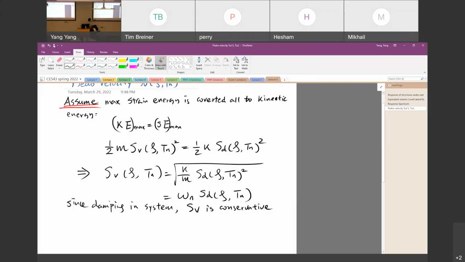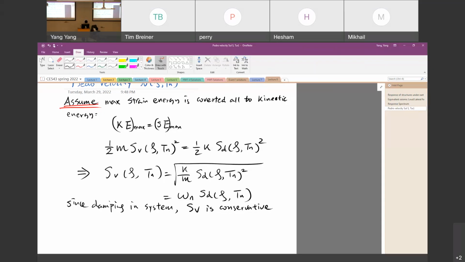So actually the actual maximum velocity should be smaller than the velocity expressed as the pseudo velocity response, because there is damping, right? So part of the strain energy is converted to the kinetic energy, and then part of the strain energy will be dissipated to other types of energy, such as heat or fracture energy to fracture concrete or yield steel.